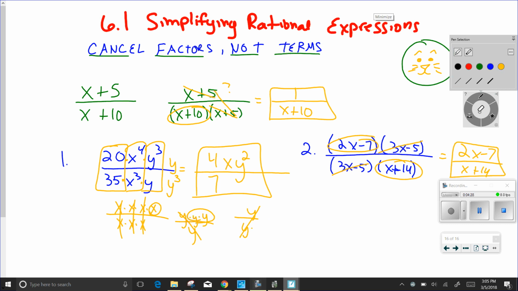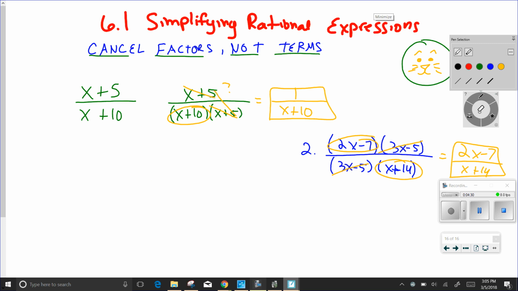All right, if we look at a problem that is a little bit more complicated, like number 5. What you have to do first in number 5 is factor. Your first step in all of these problems is to factor. The first examples that we looked at already were factored.